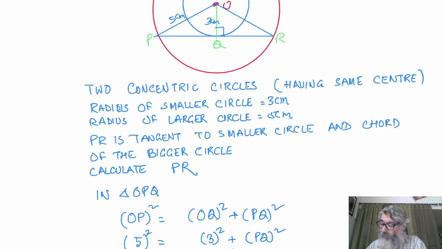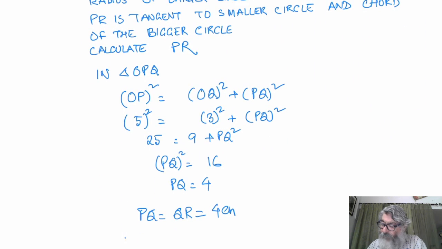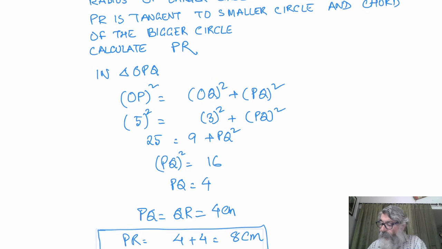So PR will be equal to 4 plus 4, that is 8 centimeter. We wanted to find the value of PR, the chord of the bigger circle, and we have got PR is equal to 8 centimeter.